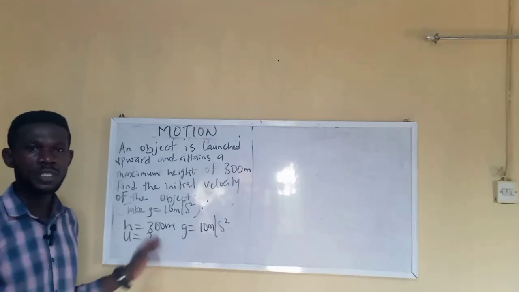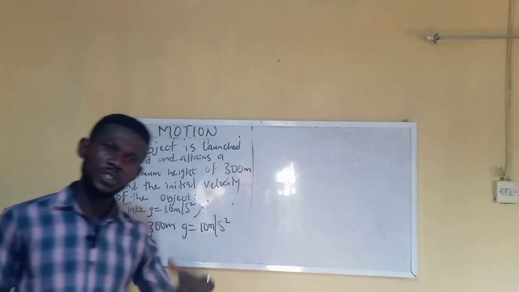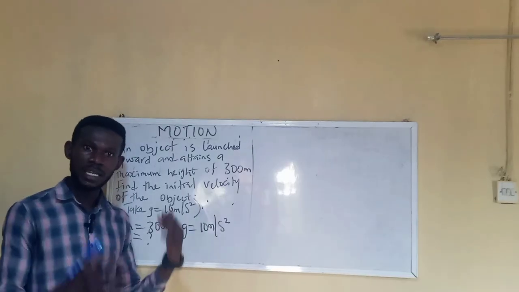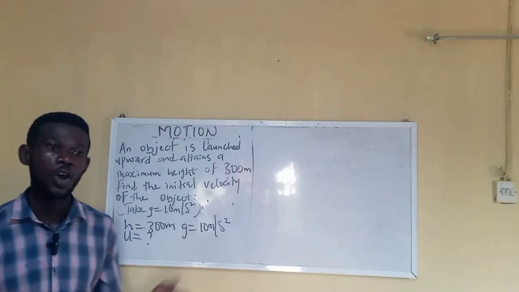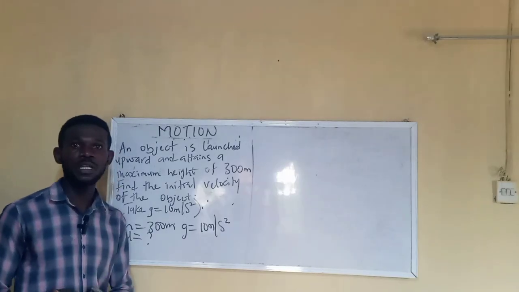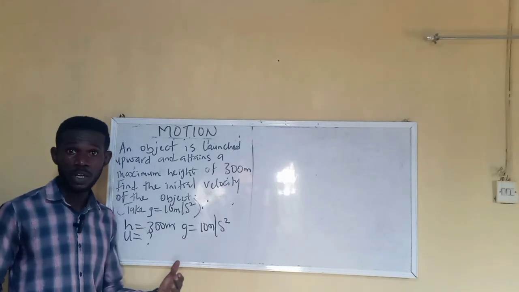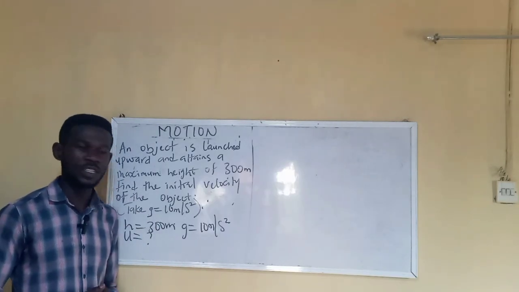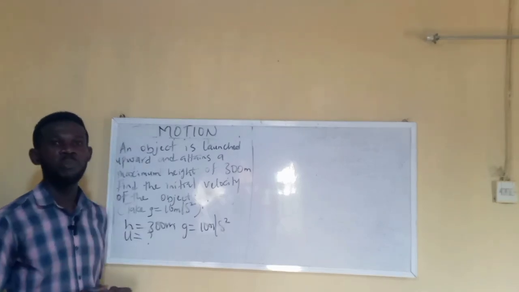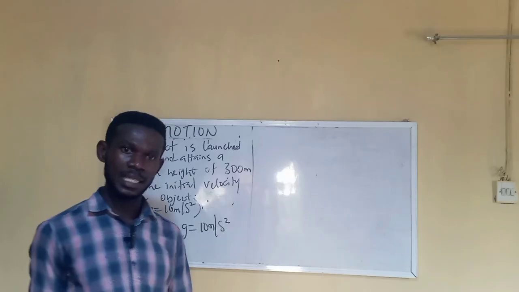This kind of question involves the vertical axis, because you can calculate motion horizontally or vertically. If it is vertical, you will be using your g and your h in replacement of a and s.